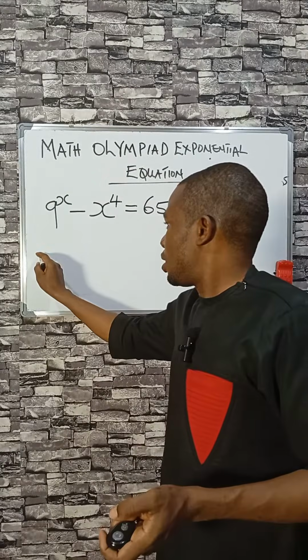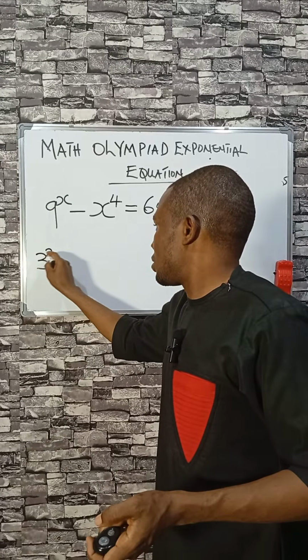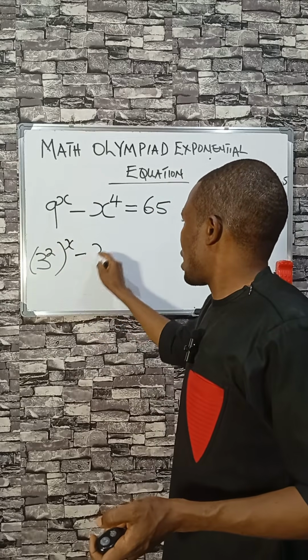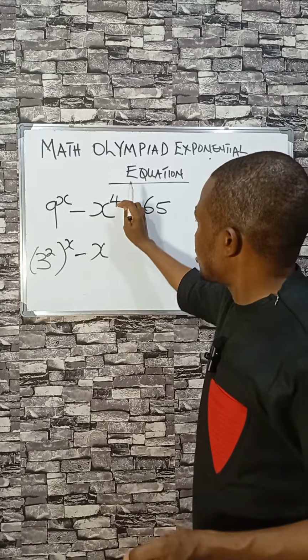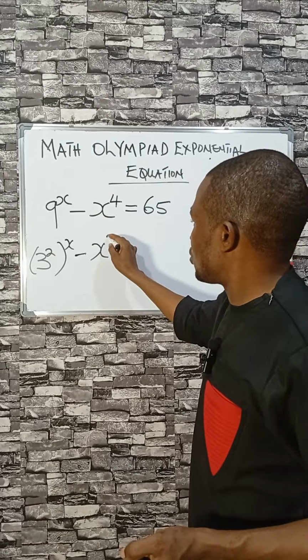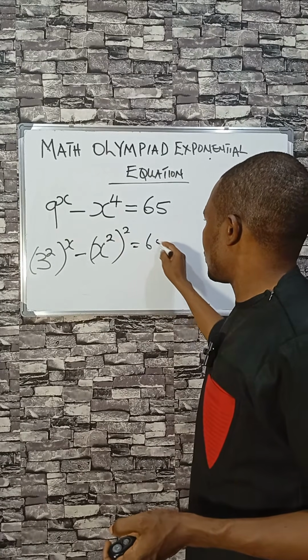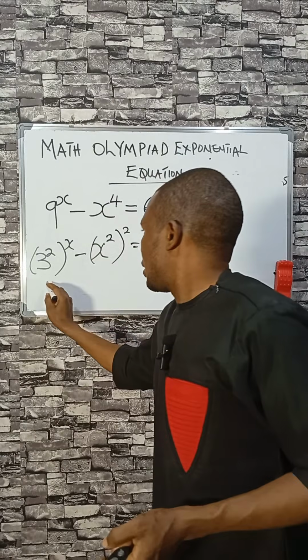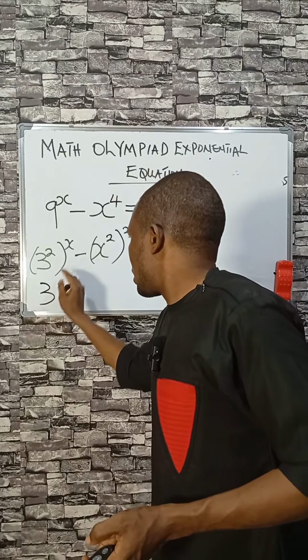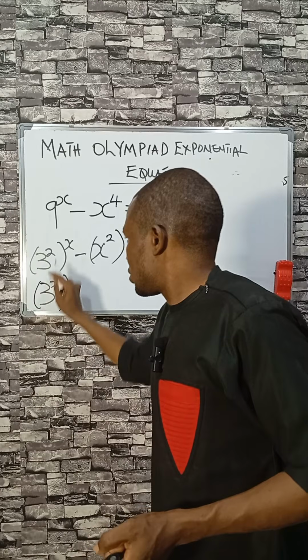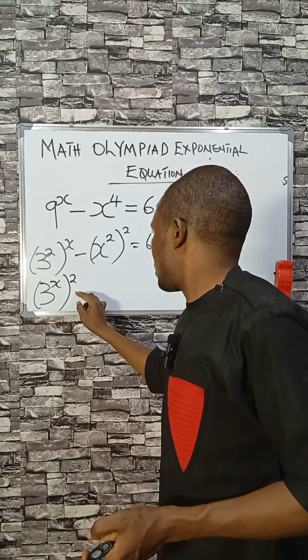Watch to the end because you'll be very amazed at the answer that we're going to have. If I write 9 as 3 squared, 3 squared to the power x, and x to the power 4 as x squared all squared, equals 65, then I can see that I will take this x inside, then take the 2 outside.